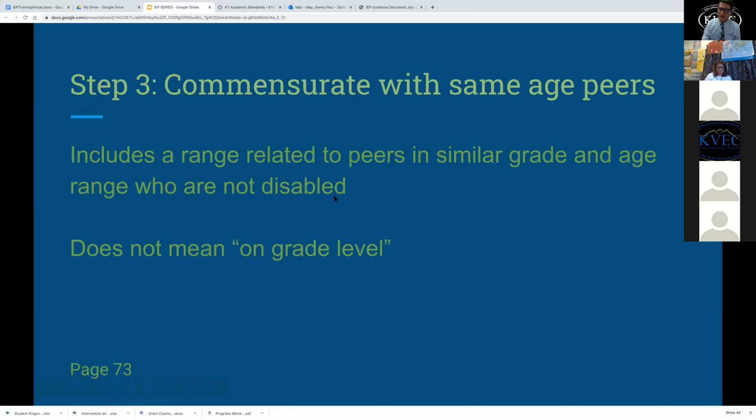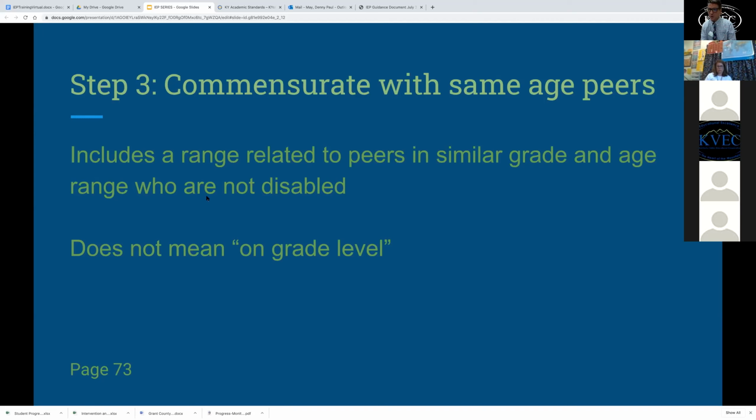But when you check commensurate, let's say you check commensurate with health, vision, and motor, it's okay to go ahead and say a statement like the student requires eyeglasses. It's okay to say that the student requires certain types of medication, that type of thing. Those kinds of information, you can put in, but they can still be commensurate because those things are mitigating those situations. Like, for example, an ADHD student taking medication, that helps them. So that may make them commensurate on that level. So you can put some information in there.